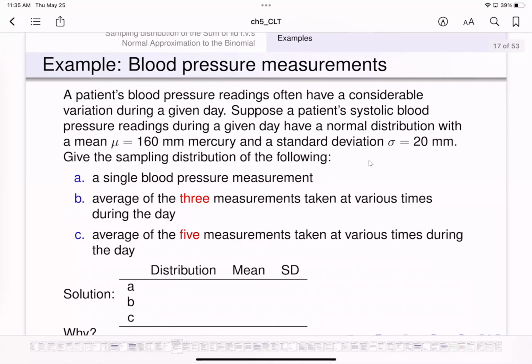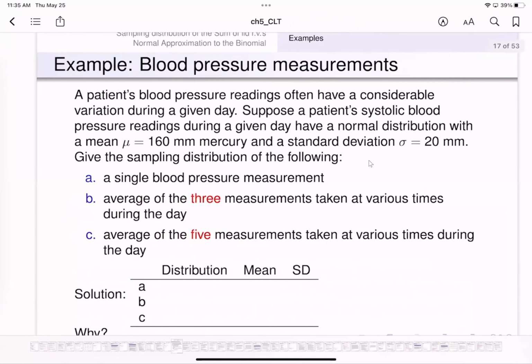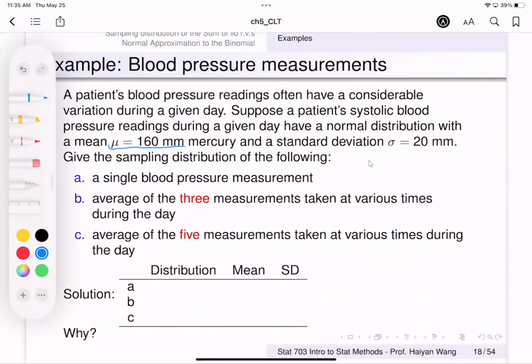So this is the population, with mean 160 and sigma 20. We want the sampling distribution of the following. A is a single blood pressure measurement. If it's a single measurement, then the distribution is just the same as the population: normal with mean 160 and standard deviation 20.